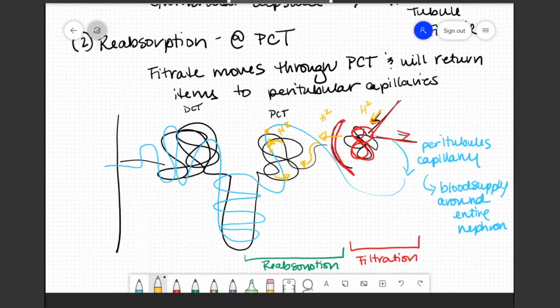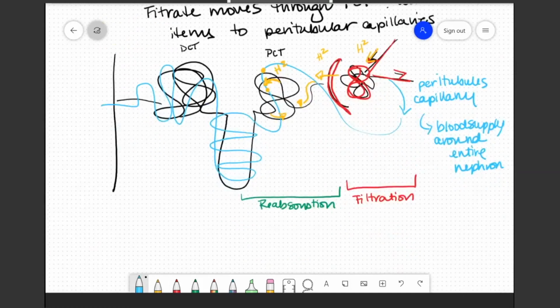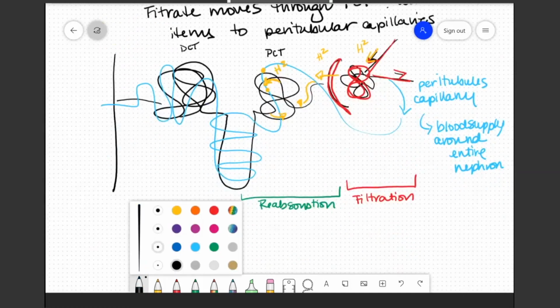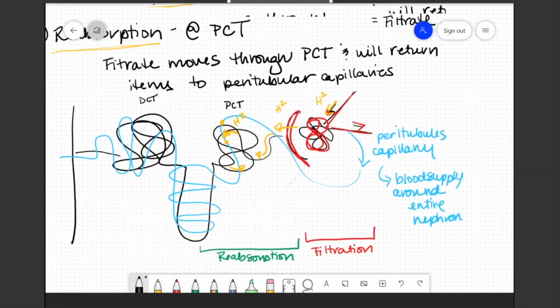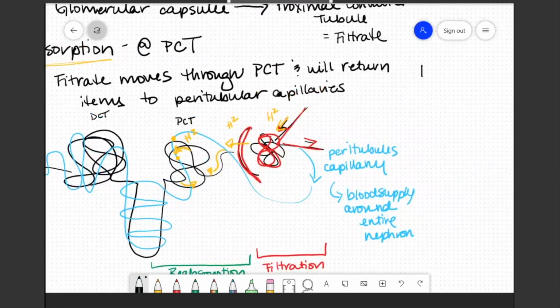peritubular capillaries. So you are essentially first filtering things out of your capillaries, and then you may need to reabsorb them back into your capillaries. So reabsorption is from the tubes, or from the PCT, to the capillaries.